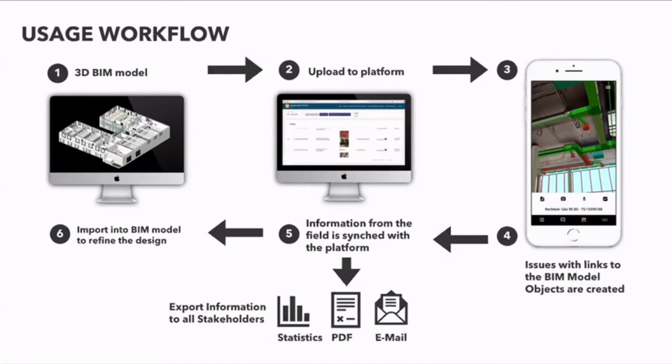We start with the BIM model that is created, which is then uploaded in the next step to our portal. It's not only an app that we have, it's also a platform that is dealing with distribution and collection of data, like issues and so on. After uploading a model, since we don't want somebody putting a cable into their phones or tablets and uploading models by themselves, this should be done centrally.